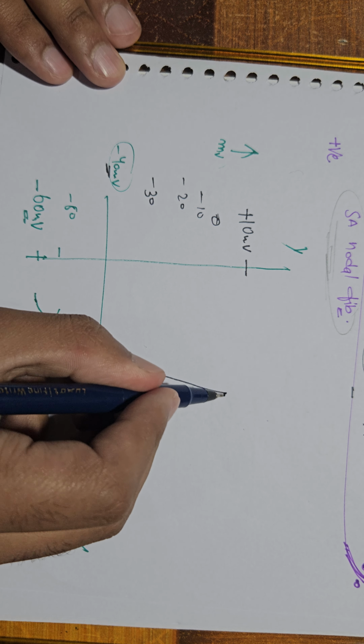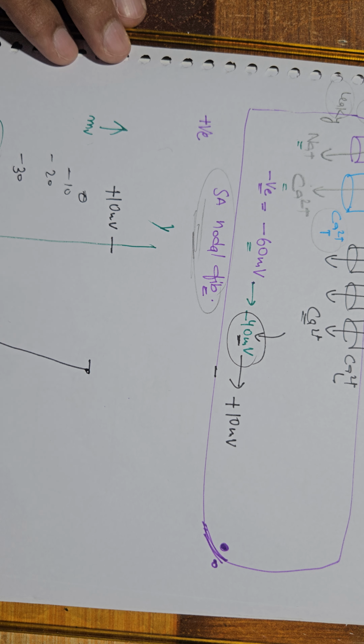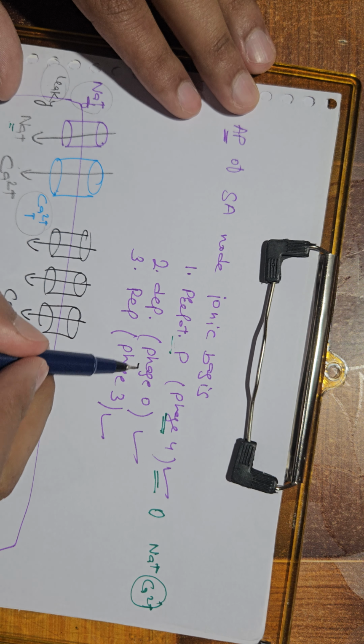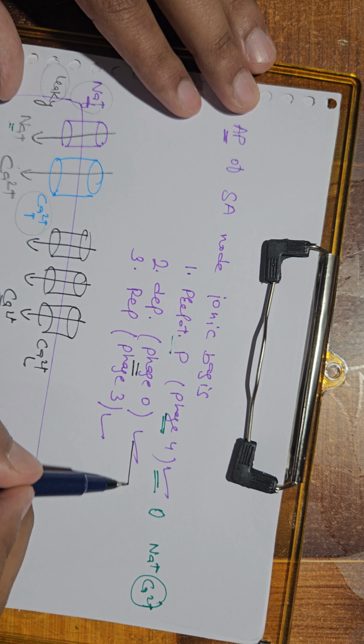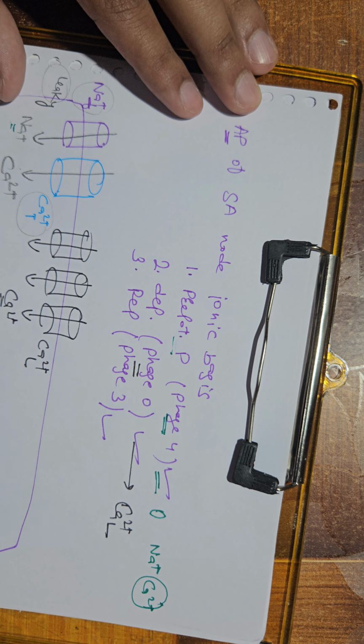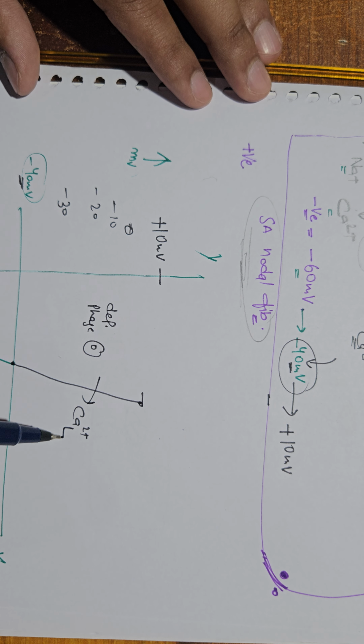Is that clear? This phase of the action potential from minus 40 millivolts to plus 10 millivolts is called the depolarization phase, or phase 0. It is because of the entry of calcium, through L type calcium channels.